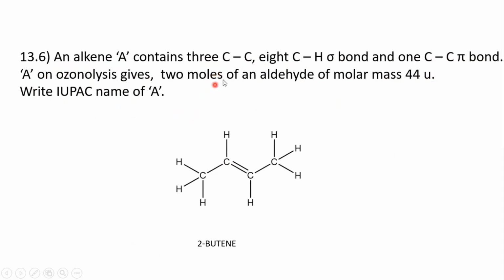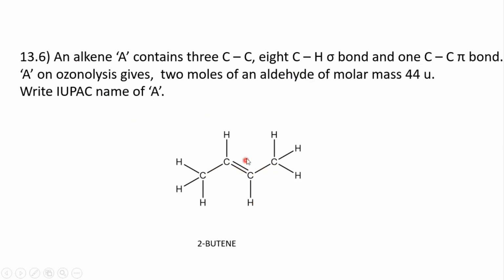So 3 C-C sigma bonds means that there are 4 carbon atoms in that. So 1, 2, 3, 4 carbon atoms. And this is 1 sigma bond, 1 sigma bond, 2, and these are the third one. After writing the basic skeleton, then we will put 1 pi bond over here, because we get 2 moles of the same aldehyde.